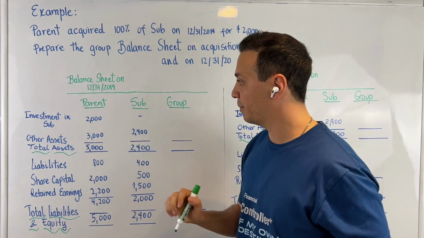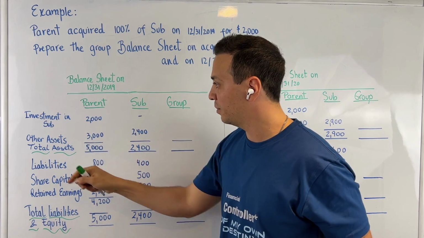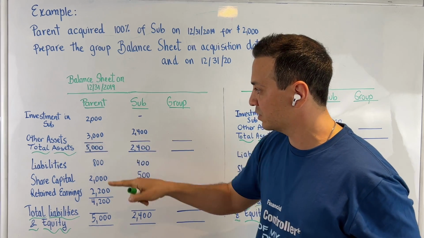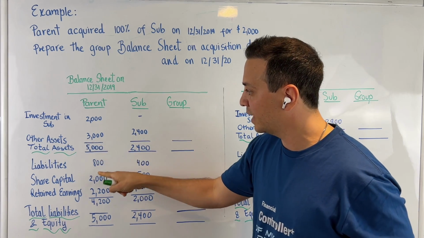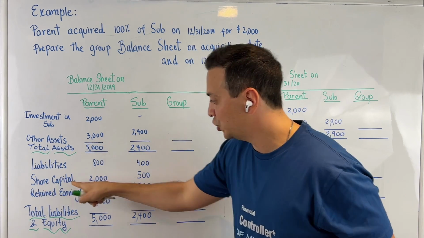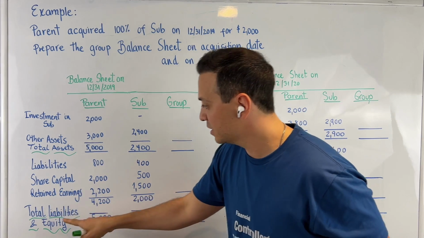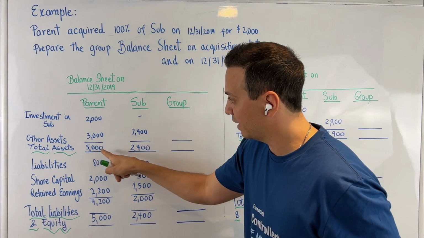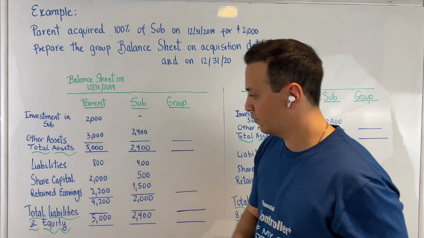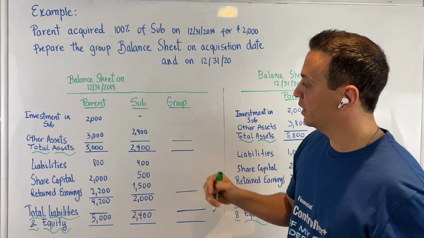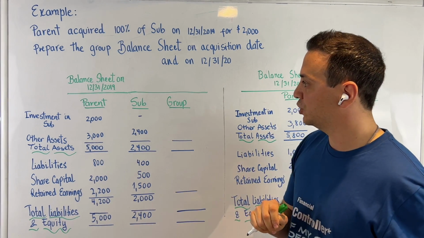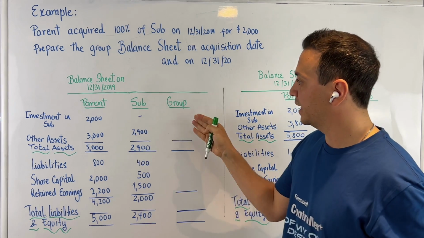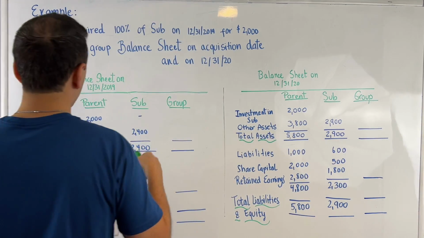Now we have other assets of $3,000 for total assets of $5,000, liabilities, share capital, retained earnings, and then total liabilities and equity, which is always going to equal assets, $5,000. For the subsidiary, they have their own standalone balance sheet. So let's go ahead and create the combined or group results.